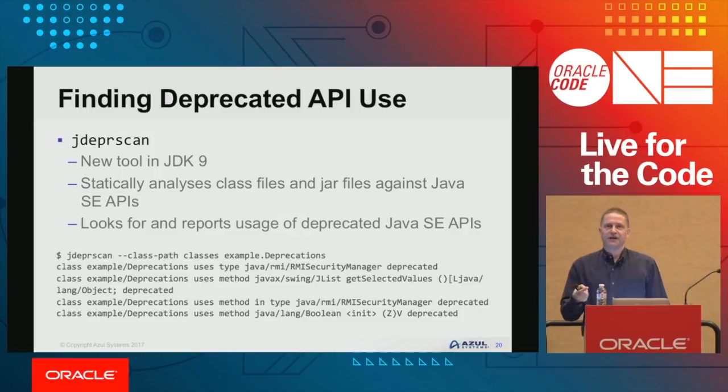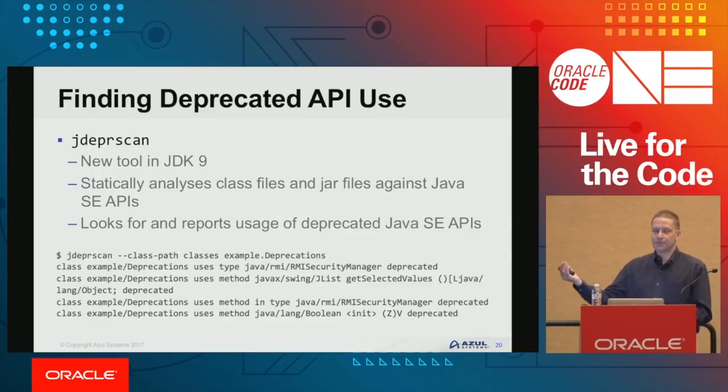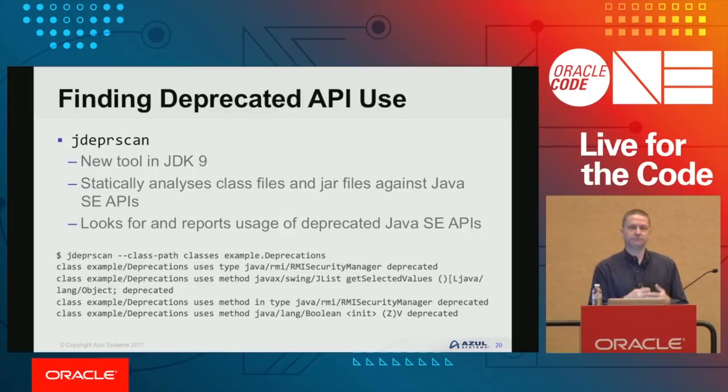Now, the other thing that they've included is another tool which helps you with understanding if you have used deprecated elements. JDepScan, introduced in JDK 9, statically analyzes your class files, your jar files, and looks at the standard Java SE APIs and says, are any of the things you're using deprecated? And then gives you a little report.